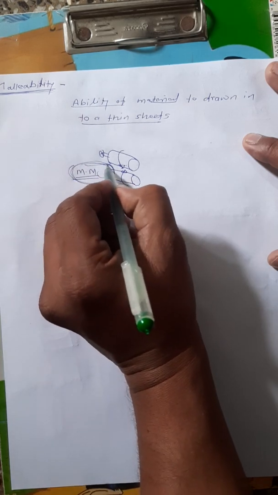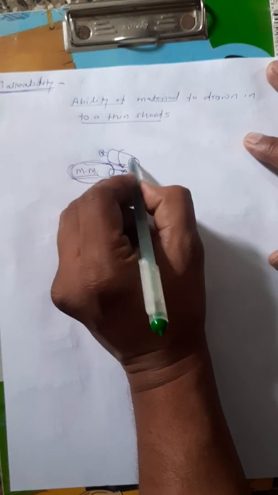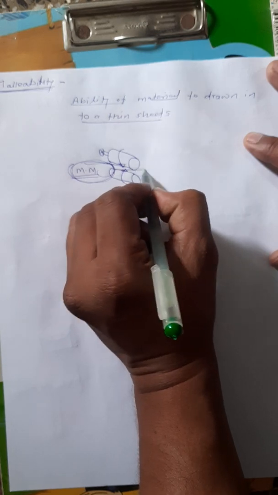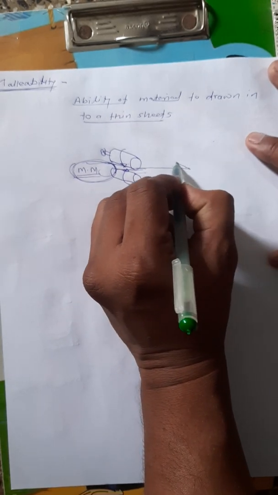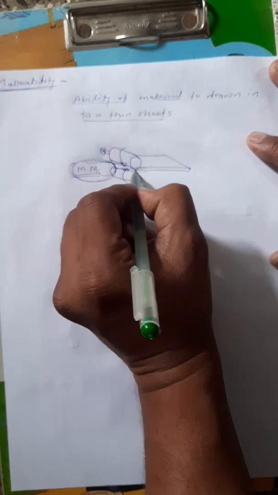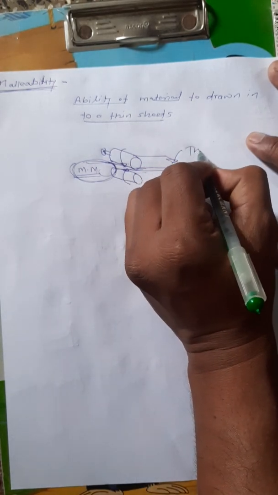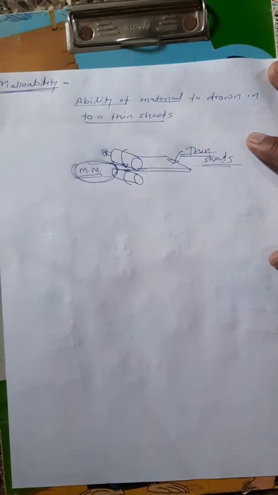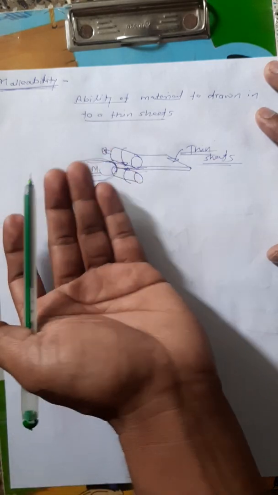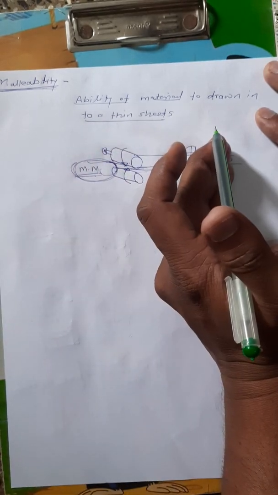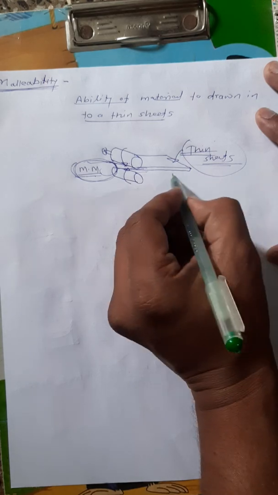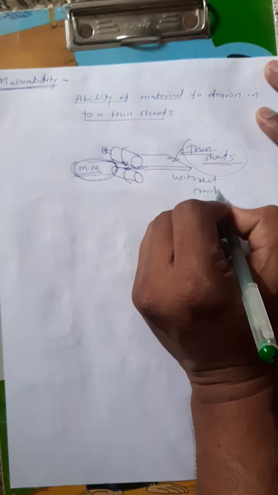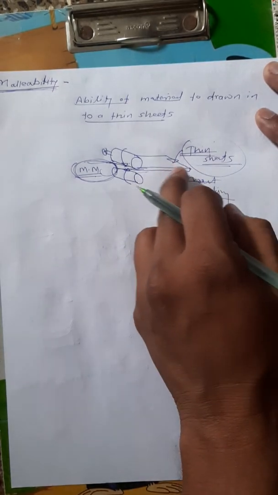Once you put this malleable material in between the rollers, see what happens due to the rotation. It goes into the gap between the rollers and comes out in this fashion. This is called a thin sheet. This malleable material has the ability to come out from the rollers in the form of thin sheets without cracking, without failure.